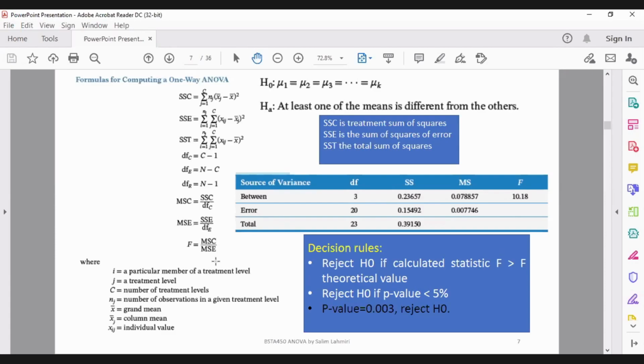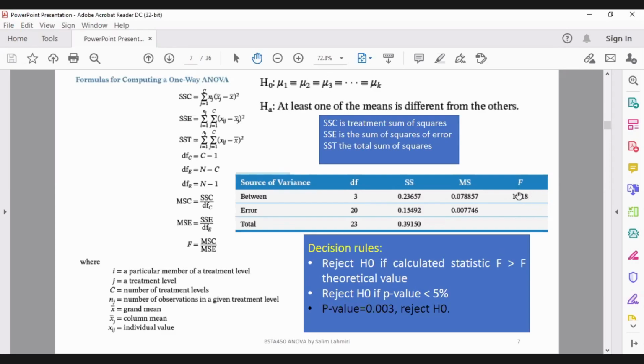By the way, when you use SAS EG and call for the one-way ANOVA function or table, you need to define the variables, define one-way ANOVA, and run the test. When you run the test, you get exactly the same table. You get F and you get the p-value of F. The p-value of F will help you to accept or reject H0.